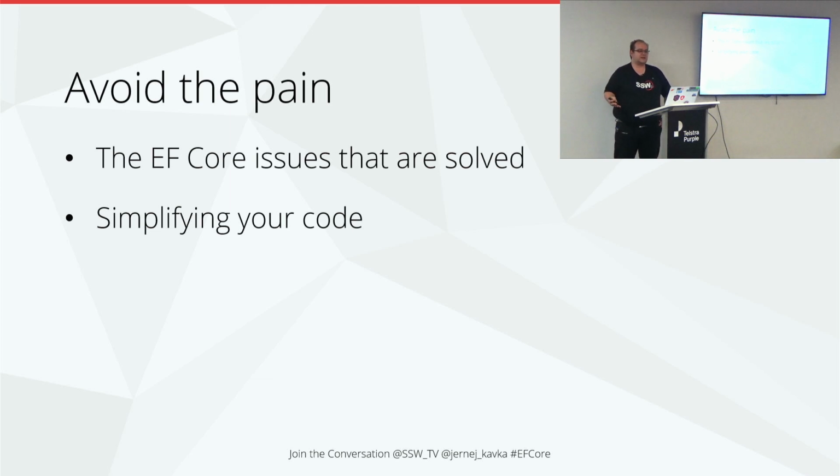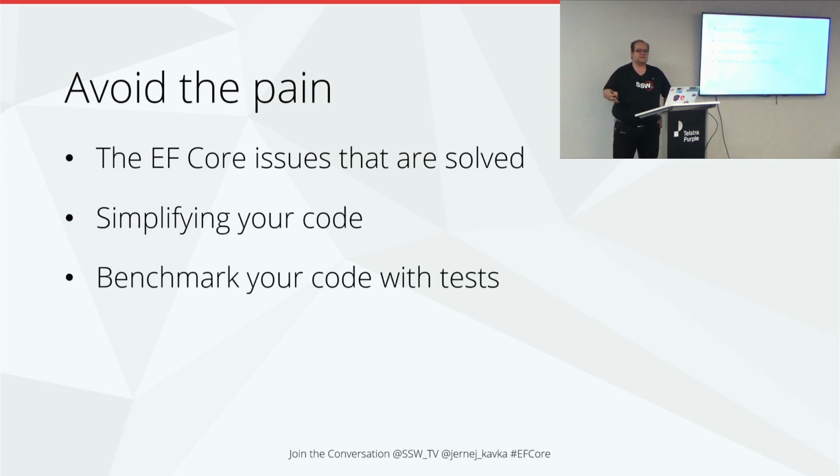And what also happens with that is your code can get simplified once you identify what you shouldn't be doing in EF Core. And once you start benchmarking your code, I'm going to show you a little bit here as well, you can then figure out, okay, this approach is better than that.